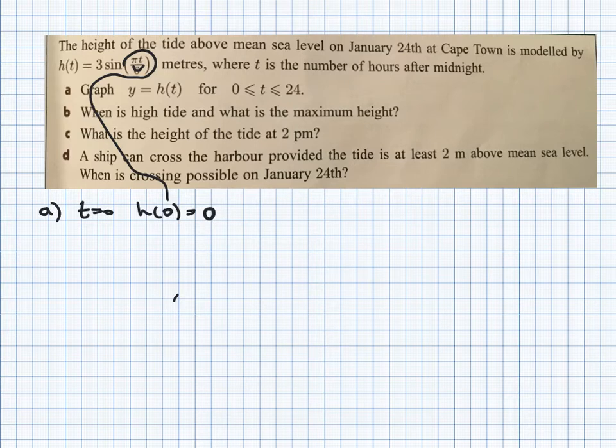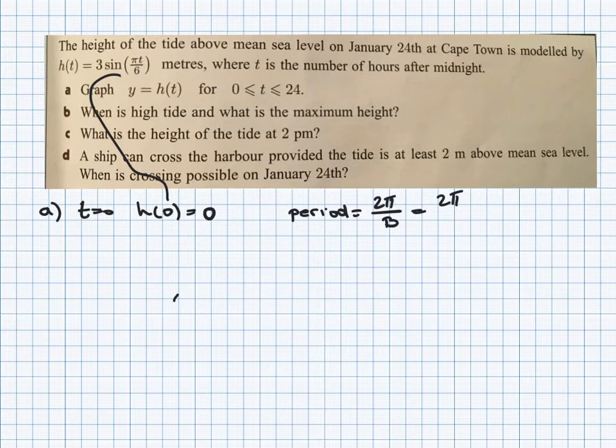You also want to find the period. As we said before, the period is equal to 2 pi over b. In our case, b is pi over 6, the coefficient here of t.